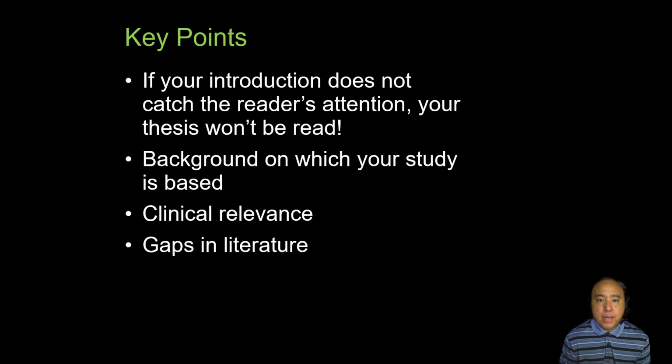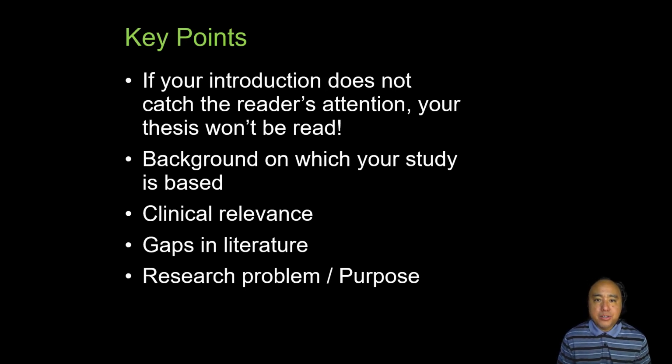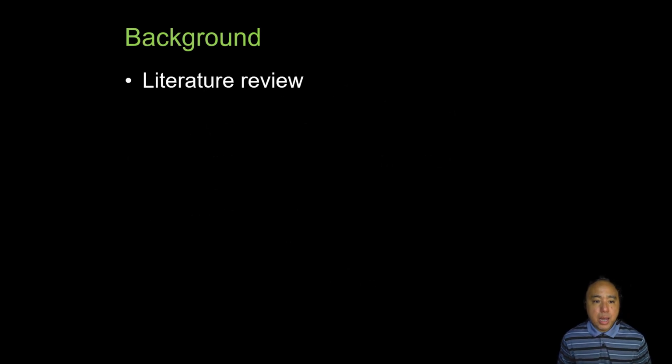You should always identify any gaps of knowledge in the literature, because that ultimately justifies why you're doing the study in the first place. You're addressing a research question that was not previously addressed in the current literature, at least what's reported in the current literature. So it also usually concludes with the statement of research purpose or research problem, as well as you as a researcher's hypotheses, what you believe is going to happen.